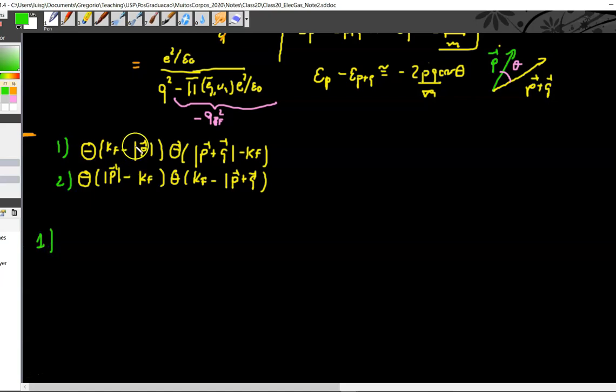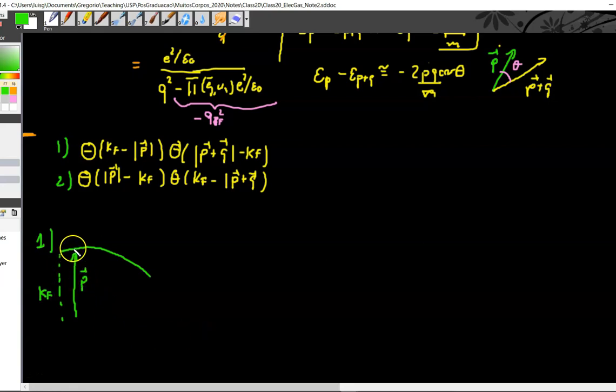The absolute value of P has to be smaller than kF. So if my Fermi sphere is here, this is kF. What I have is kF has to be larger than the absolute value of P. So if I draw it like this, P has to be a little bit smaller than kF.